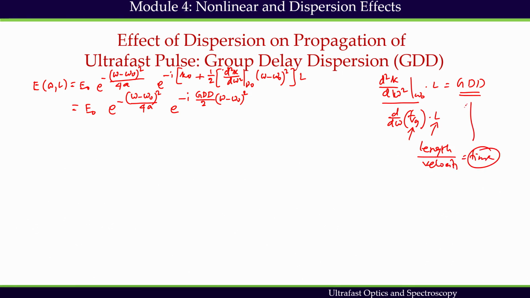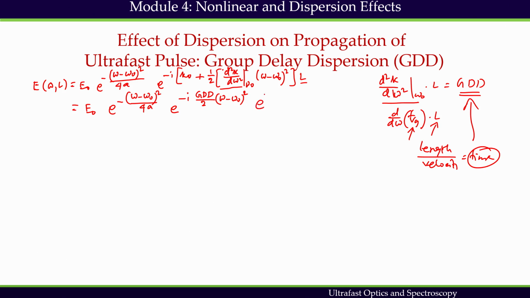So GDD, group delay dispersion, is expressing a certain kind of time. What I have done here is write this multiplied by this term as GDD divided by 2, this half is coming here, and omega minus omega naught square remains as in the previous expression.